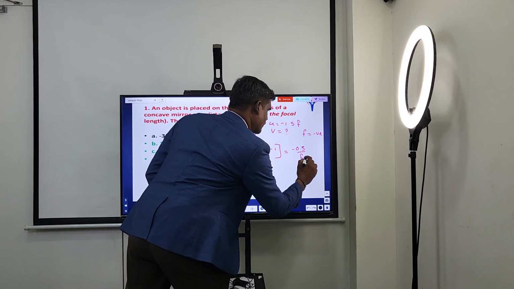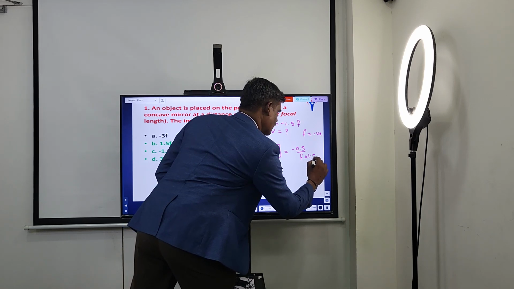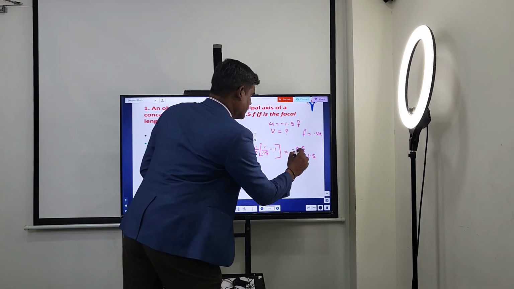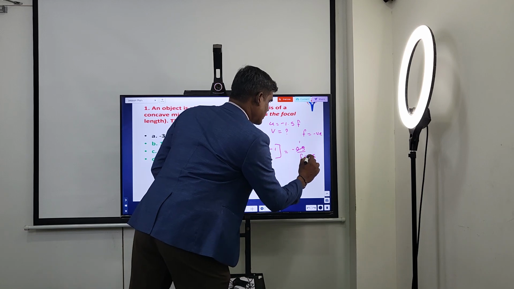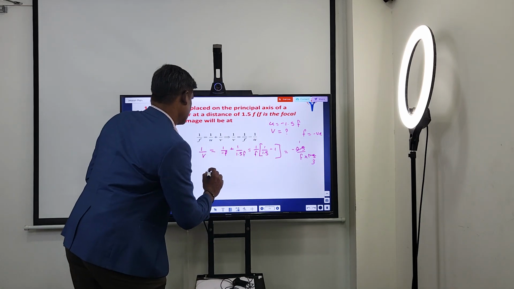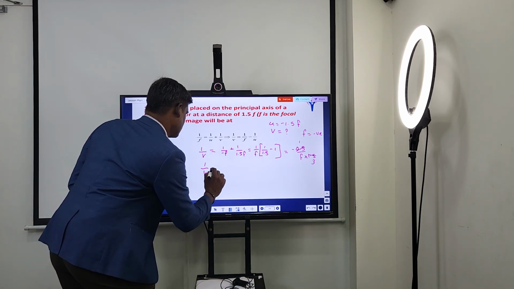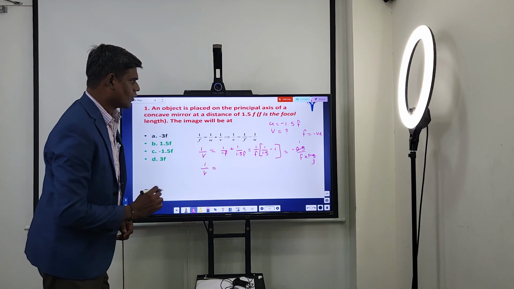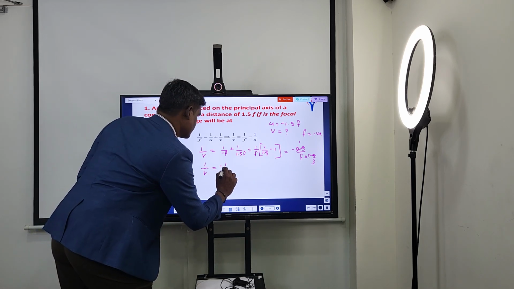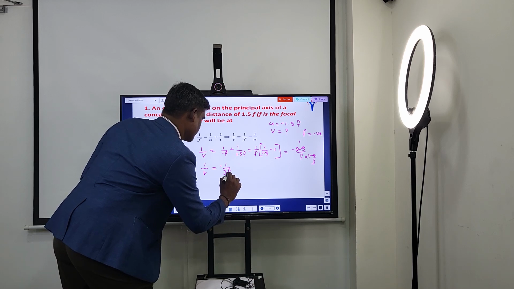Divided by 1.5, and to simplify this, it becomes 1 by 3 f. Then 1 by v equal to minus 1 by 3 f.